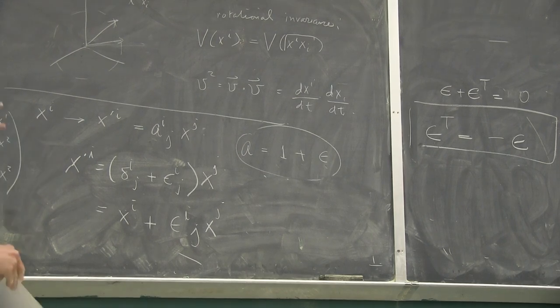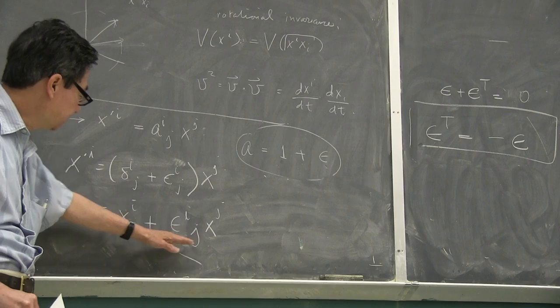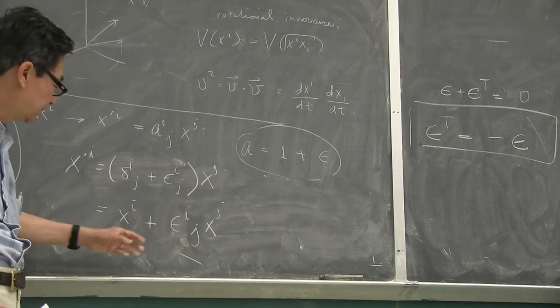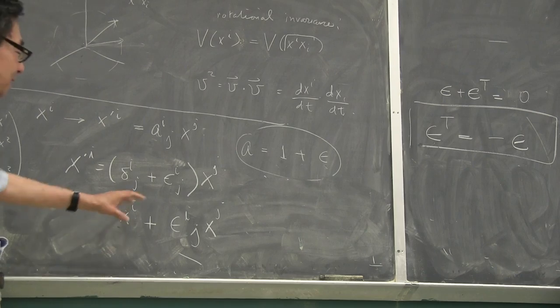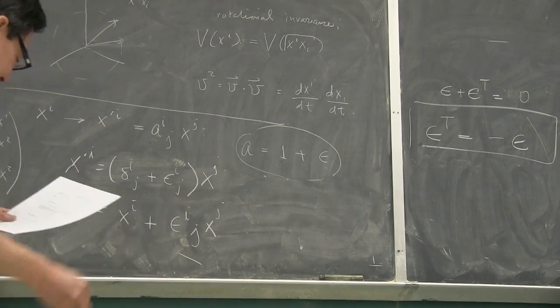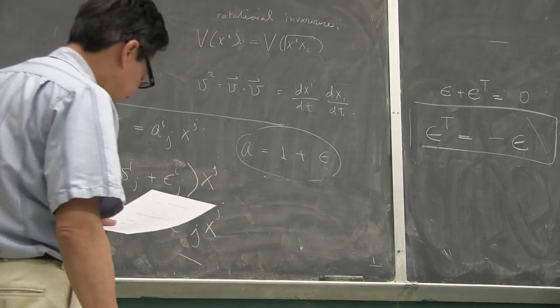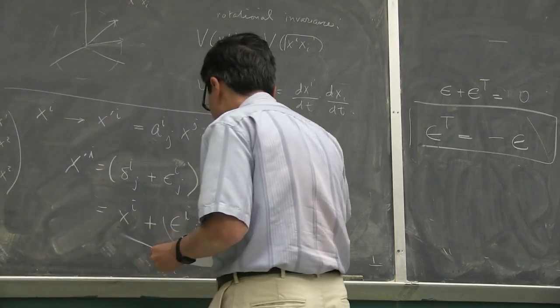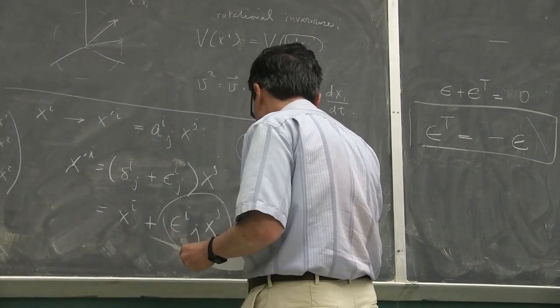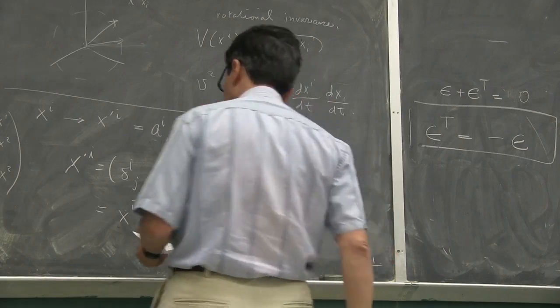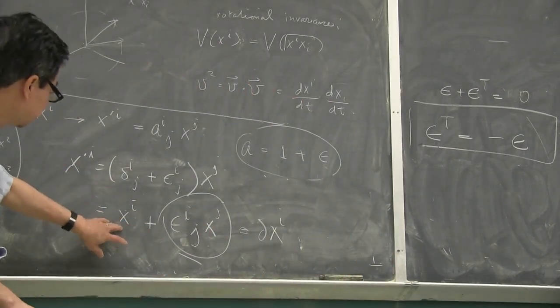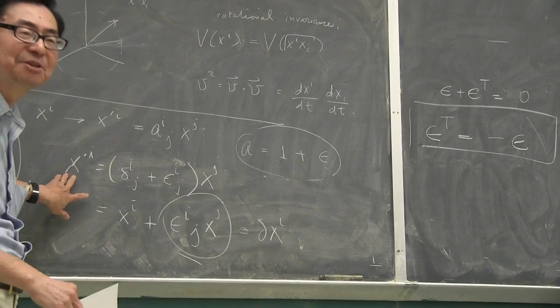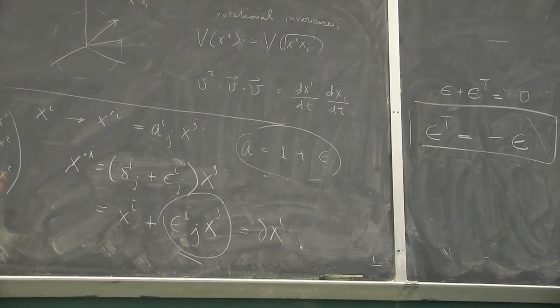Now, since this is supposed to be an infinitesimal rotation, this term is supposed to be very small because it hardly rotates, so the components are almost the same as the original components. So I'm going to call this delta x_i, the change in x_i. The change imposed on top of the x_i will give me the new x_i, which is x prime i. Easy enough.